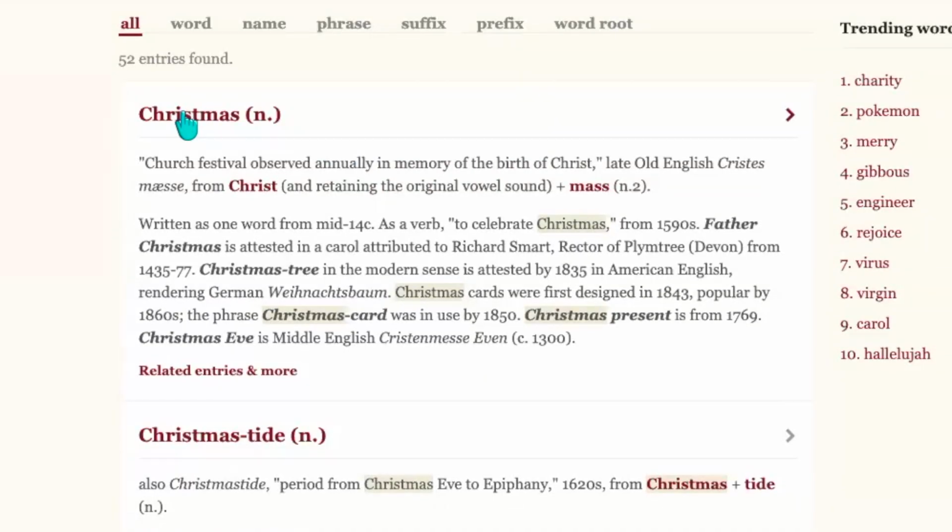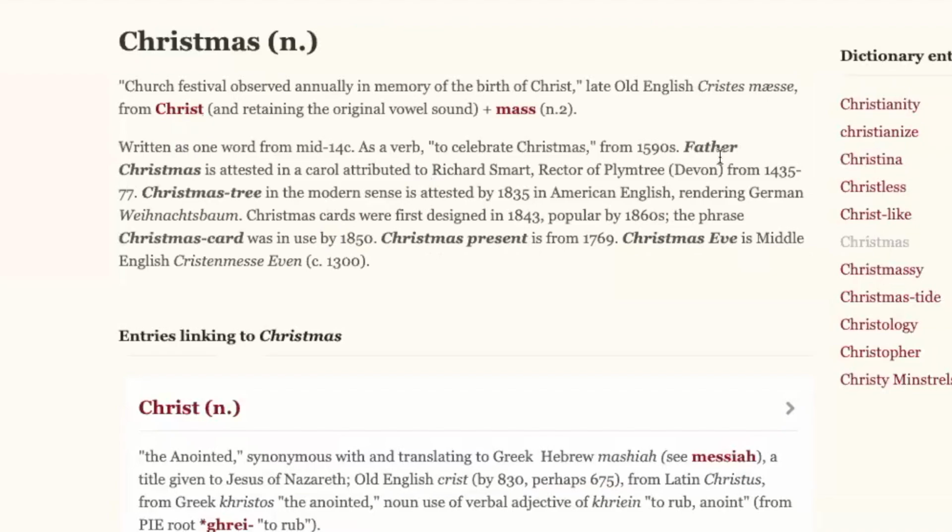Okay, so here we have Christmas as a noun. Church festival observed annually in the memory of the birth of Christ, late Old English, from Christ, retaining the original vowel sound, plus mass. Written as one word from mid-14th century.